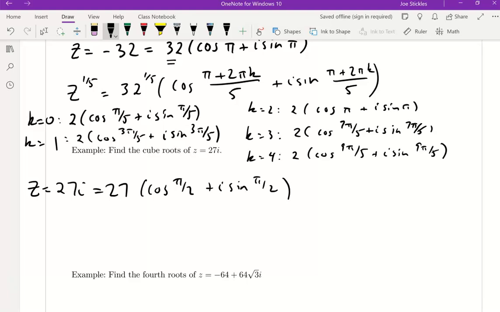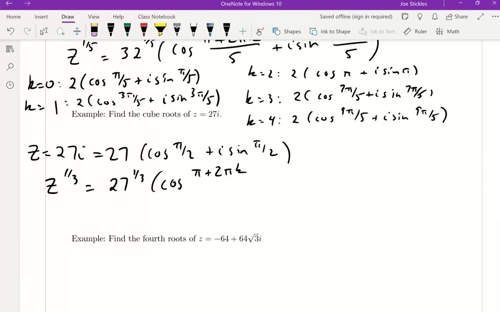So if I want the cube roots, I do the cube root of the modulus, but that's just like what you do for any real number, right? Just do the cube root of it, whatever root it is. Then I'll divide the angle by 3. So dividing pi over 2 by 3 gives me pi over 6. And then do this coterminal business.